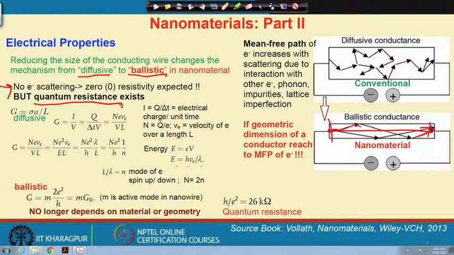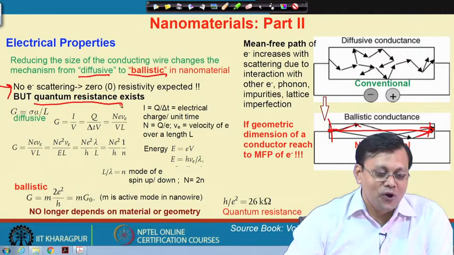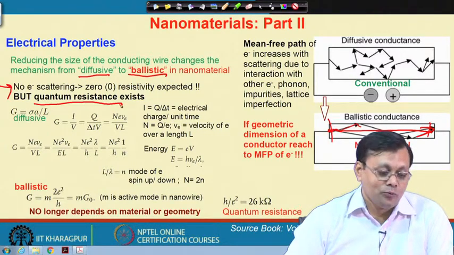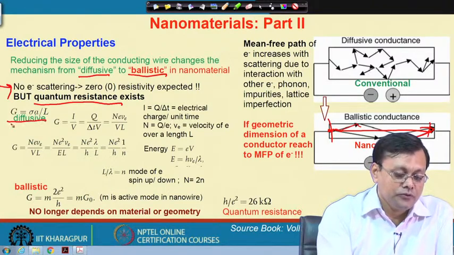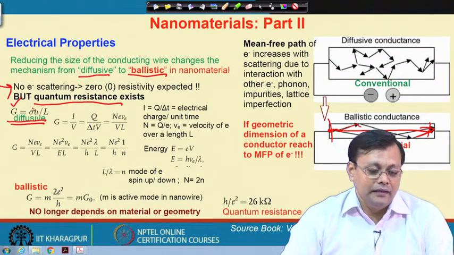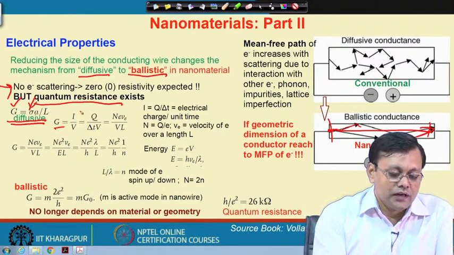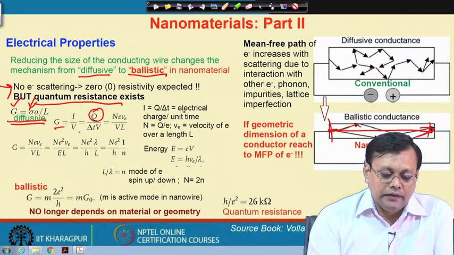Now, let us try to derive from Ohm's law to a ballistic conductance in the case of a nanomaterial. So, this is a typical diffusive conductance, where G is proportional to A by L, and here is a conductivity component. So, G is equal to I by V, and Q is the electrical charge.